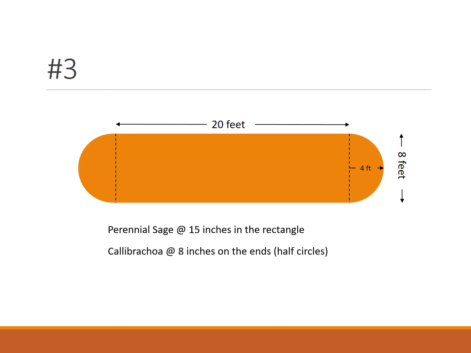And we want to plant calibrachoa at an 8-inch spacing in the half circles that you find at the ends of the bed. So pause the video, work this out, come back and see whether you got the right answer. Okay, how many of each kind of plant do we need to plant this bed? We would need about 102 perennial sage and approximately 113 calibrachoa plants.